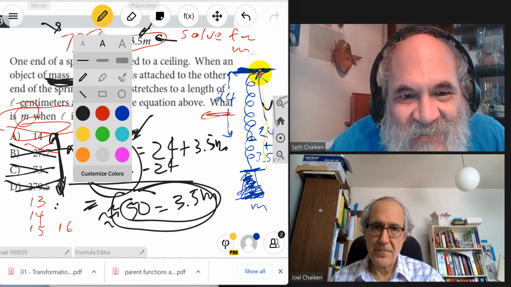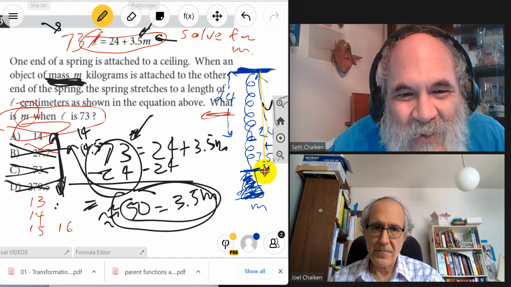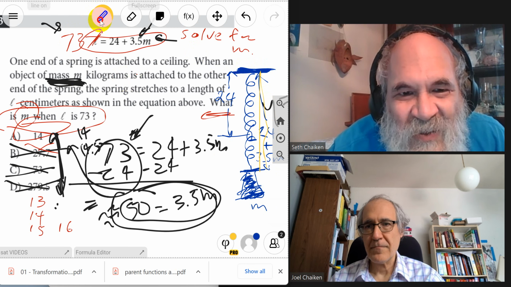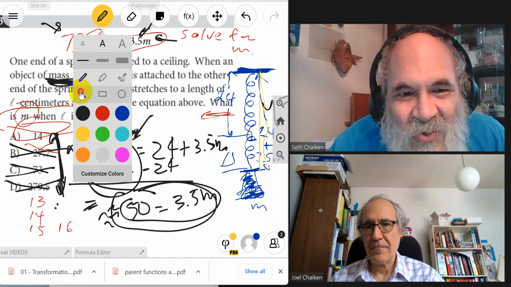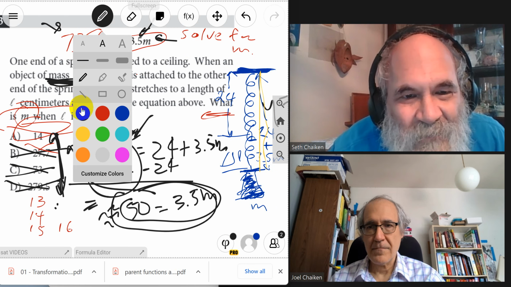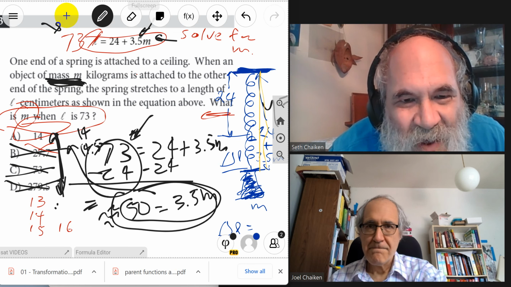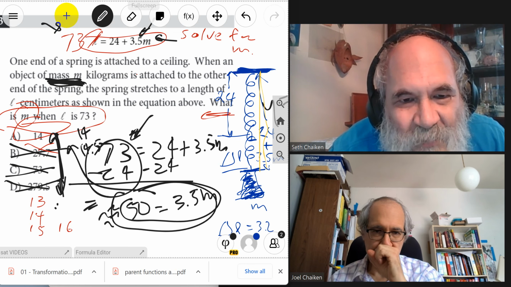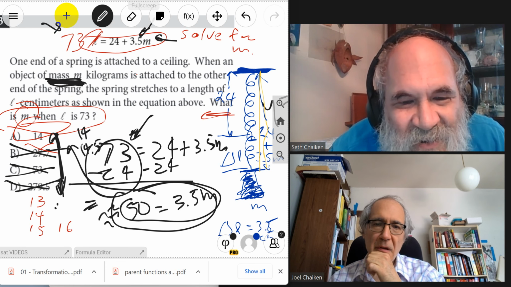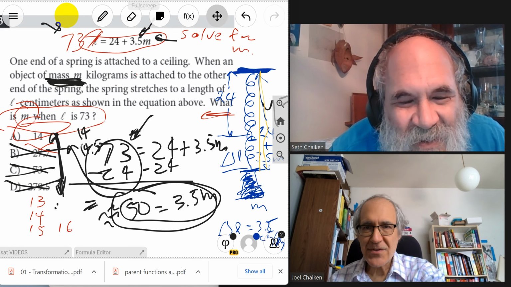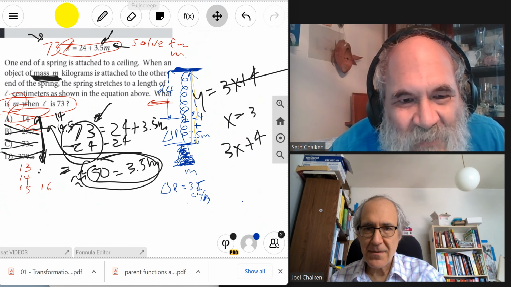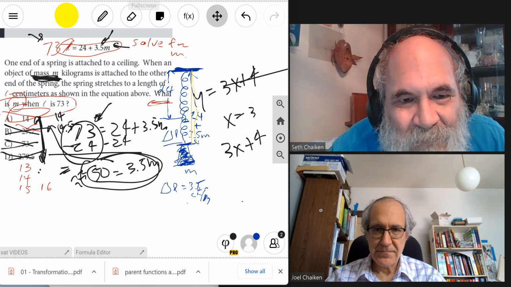This is the distance from here to here. So the amount of additional distance, delta L, equals 3.5 centimeters per kg times the mass in kgs.